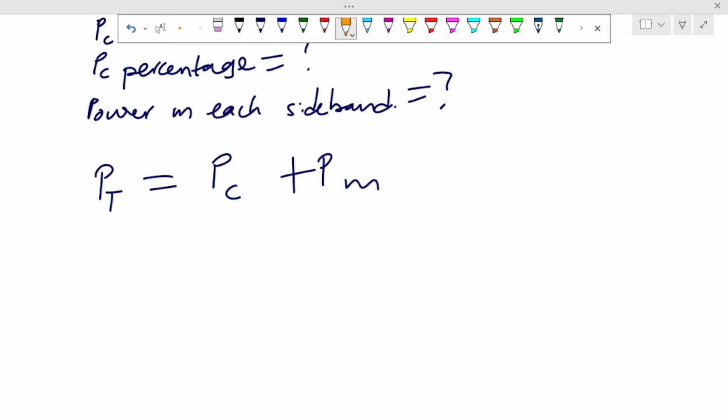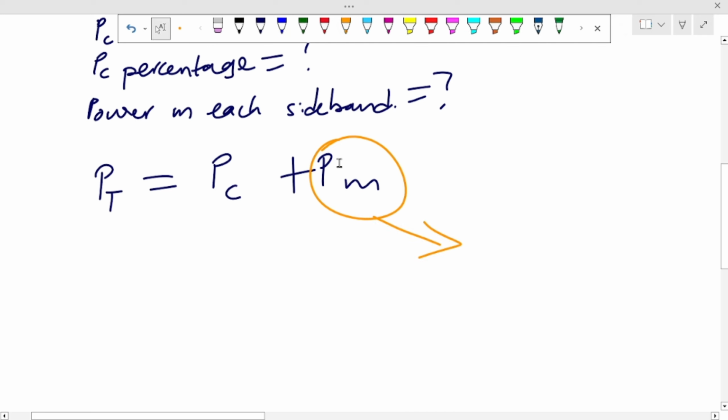Note that when we say the power of the message signal, this is the message you want to send from one radio station to another, or from one location to another. This is the power it requires to send that message. In order to transmit this message from one place to another, we encode it in a carrier signal.